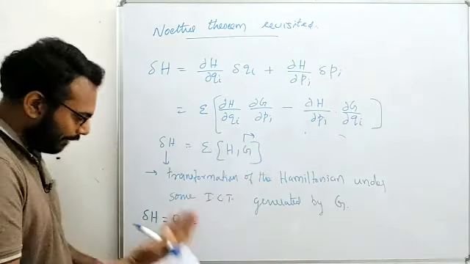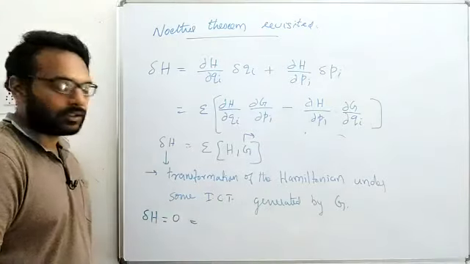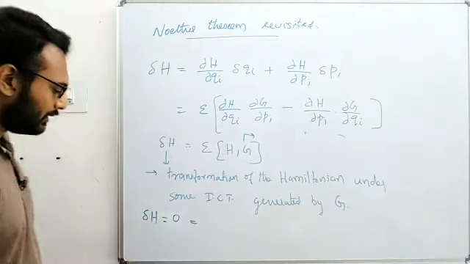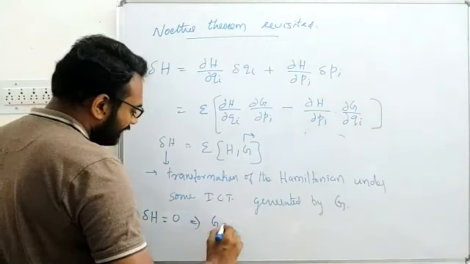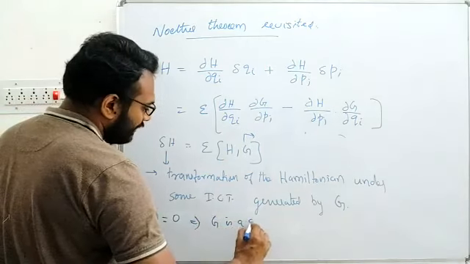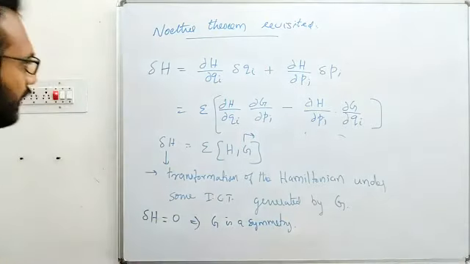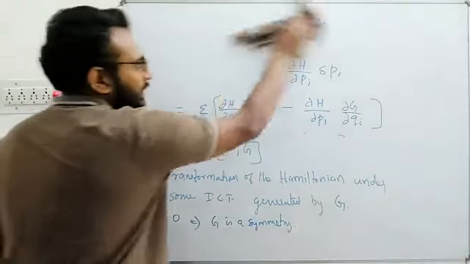The Hamiltonian describes the system, so if you do something to a system and the Hamiltonian does not change, then whatever we did is a symmetry transformation. So if delta H equals 0, we can call G a symmetry. We have identified a nice way to find the symmetry of the system.